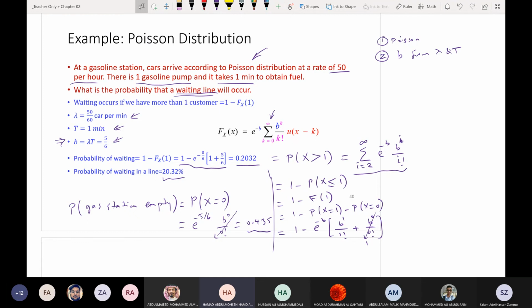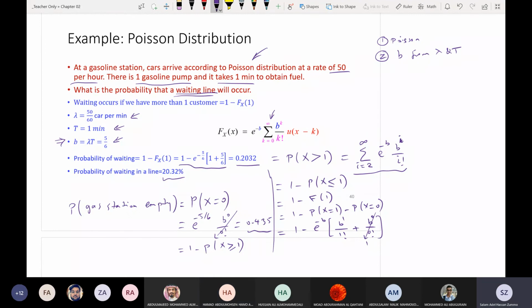This is equal to 1 minus the probability that x is larger than or equal to 1. Yes, the probability that you find one or more, 1 minus that. I got it. Did I answer your question?